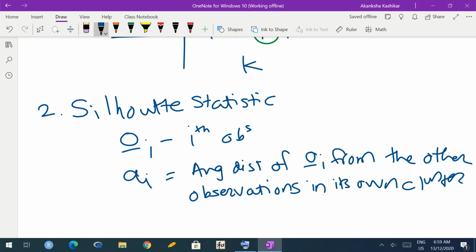So Ai is the average distance of Oi from other observations in its own cluster. You can compute it very easily, right?